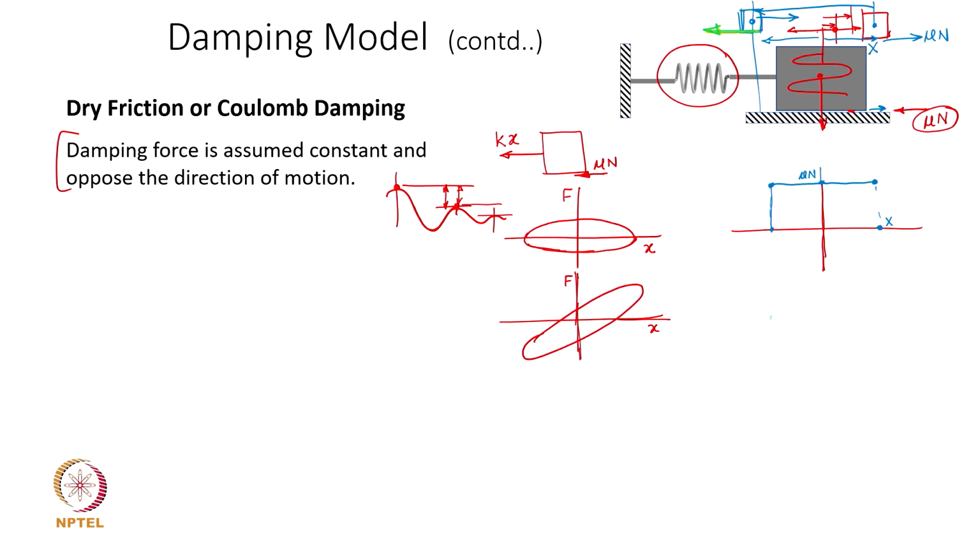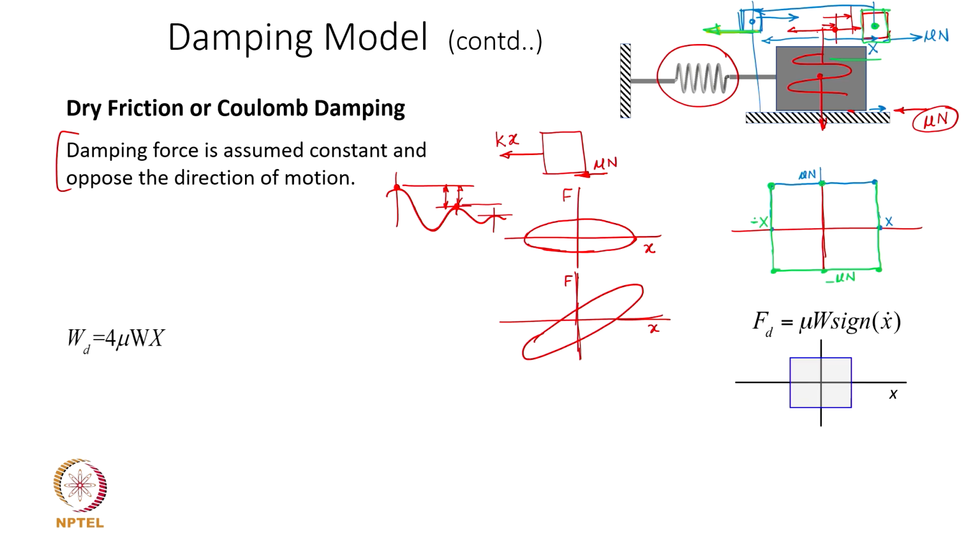It is going to suddenly change to minus mu N. So, from plus mu N, the friction force becomes minus mu N, and at the leftmost extreme it suddenly flips its direction, and for the rightward travel of the mass it remains constant. When it reaches the rightmost extreme point, again it will flip its direction. So, this gives us the energy dissipated in a cycle for a Coulomb damping case.